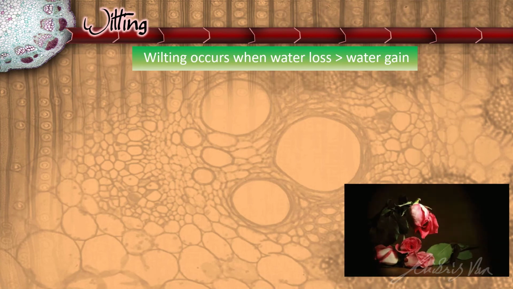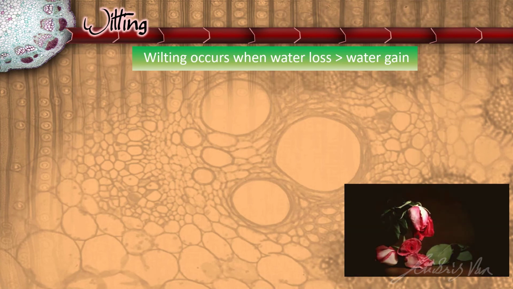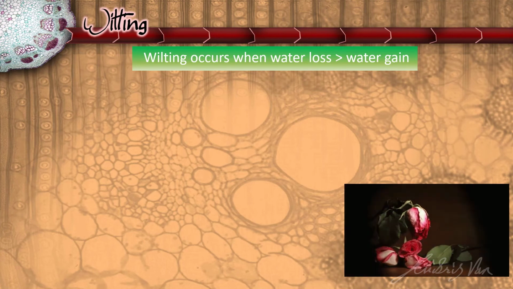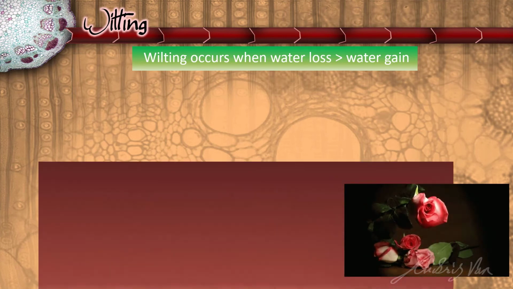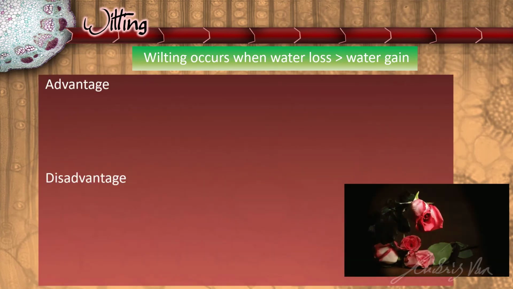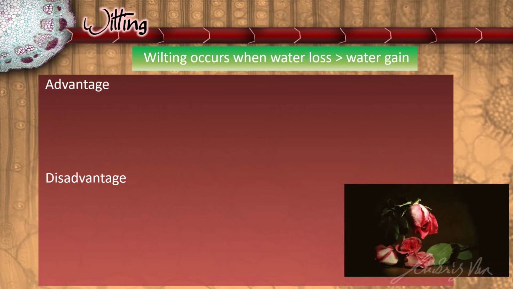Wilting occurs when the water loss is more than the water gain. So in O-level they might ask, what is wilting? And you can answer, wilting is when the plant is losing more water than it is absorbing or gaining. But like I said, even though it looks bad, there are some advantages to wilting because the plant is not dying.